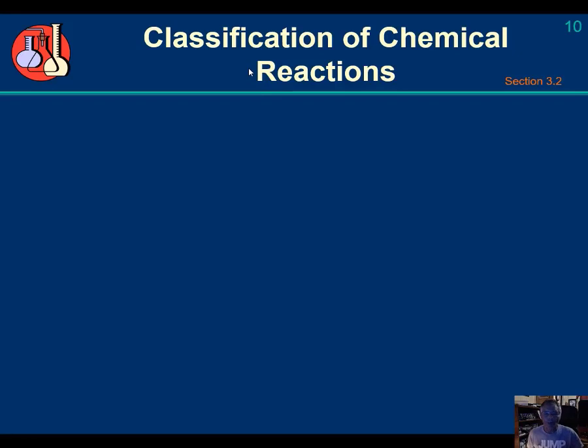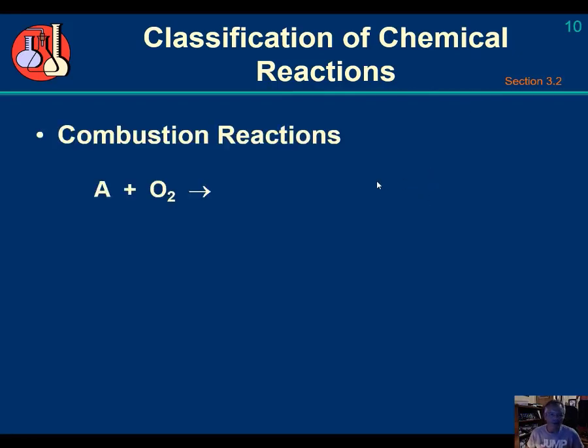One of the things we're going to want to do is come up with some broad classification of chemical reactions. It enables us to simplify the recognition of types of reactions. One of the most easily recognized reactions is this. It's a combustion reaction. The way that we recognize these combustion reactions is that over here on the reactant side, we have O2.